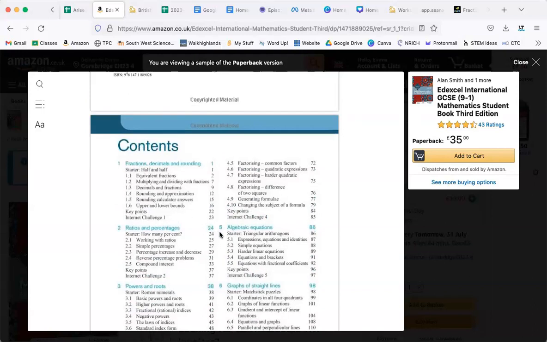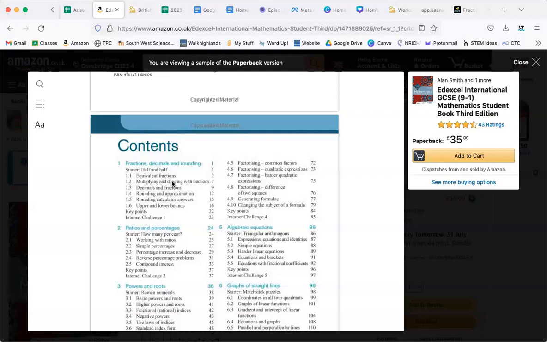I am going to show you the equivalent fractions, as this would be the first lesson, and a little idea of how it would be taught, so you can see if this is something that your child would find helpful.